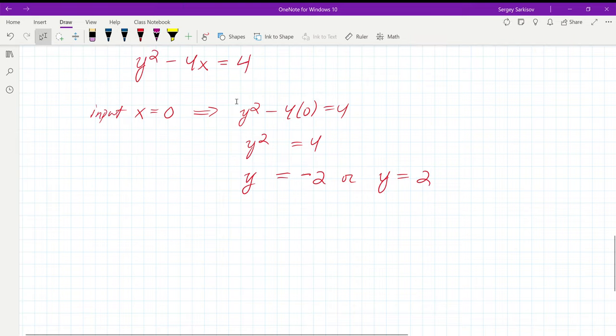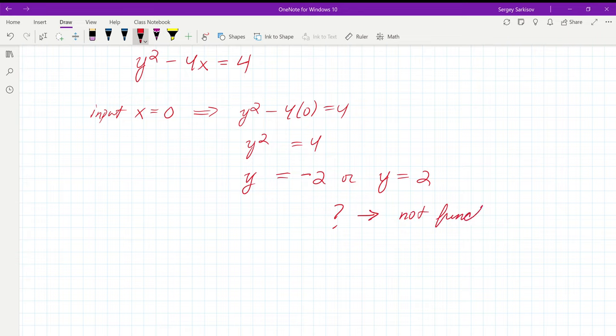That's not a function, okay? So which is it? Question mark, right? Already we found one that doesn't give you a specific output. It has to be specifically something. So not a function. Okay, we found an example that's not a function.